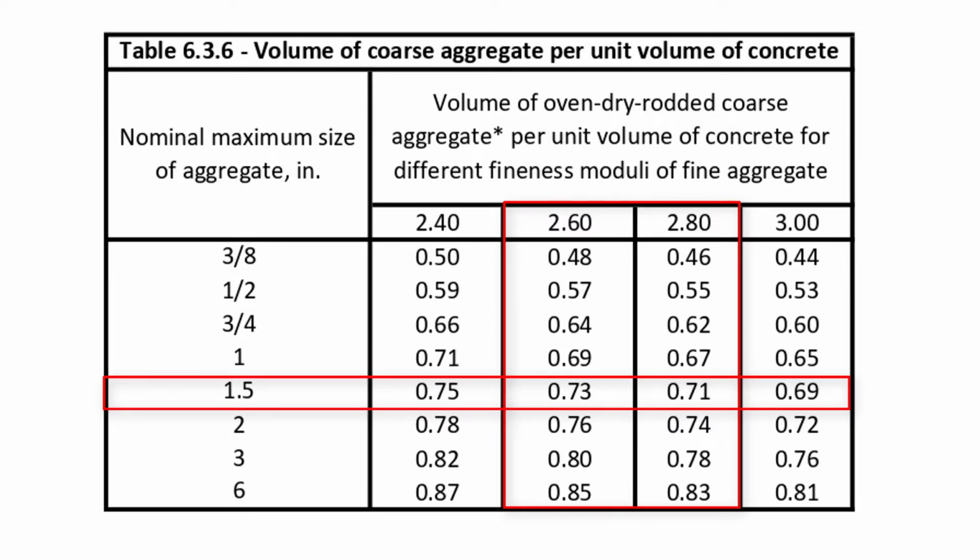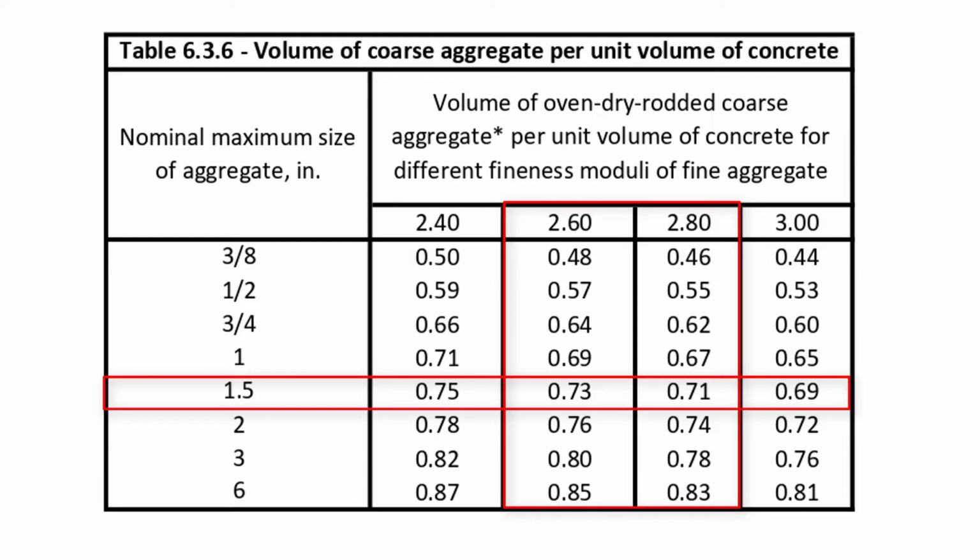So if I use that table 6.3.6, I'm going to use the volume of dry rodded coarse aggregate per unit volume of concrete for different fineness modulus of fine aggregate. I'm going to use a 0.72, and the reason why is I did a linear interpolation.